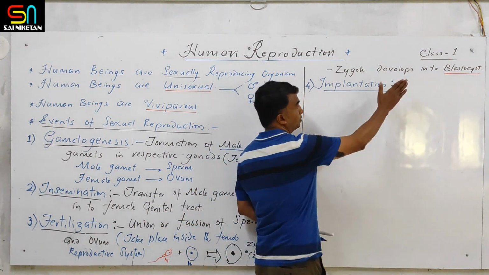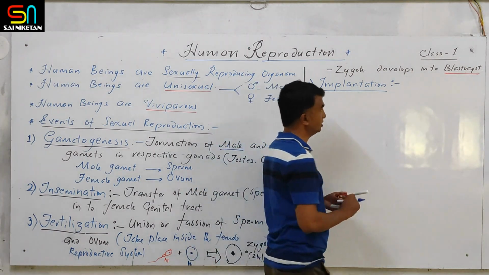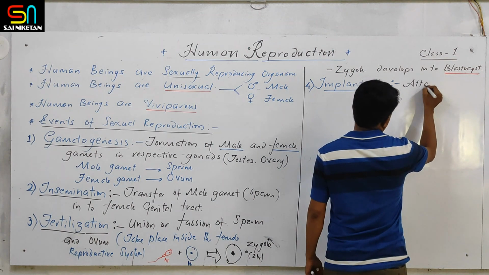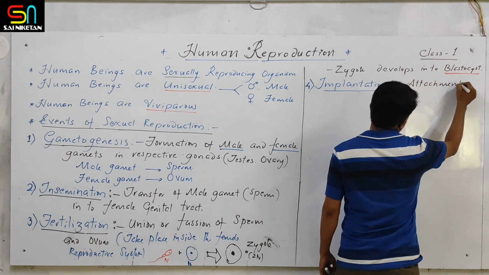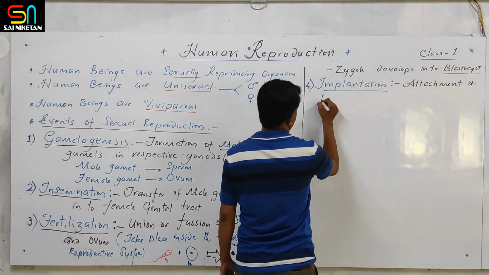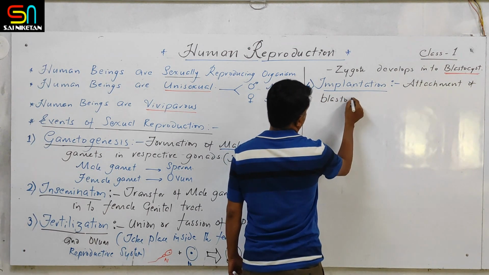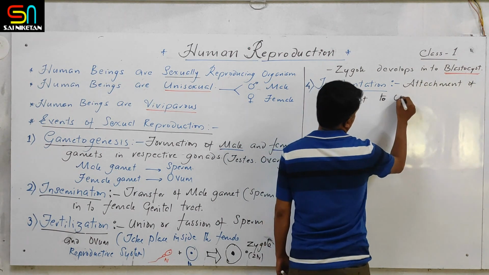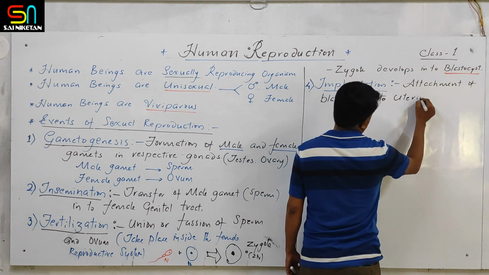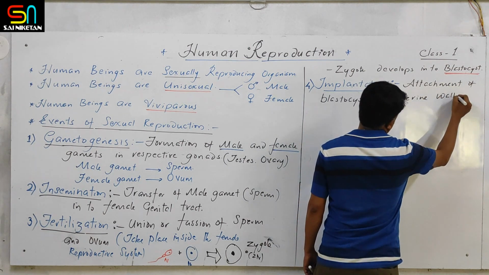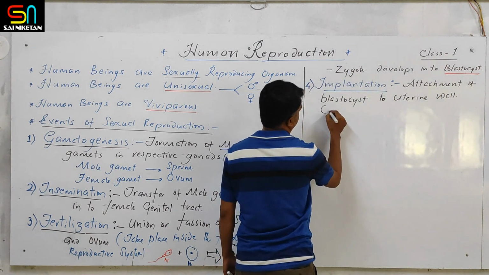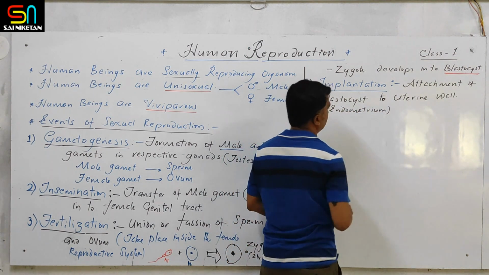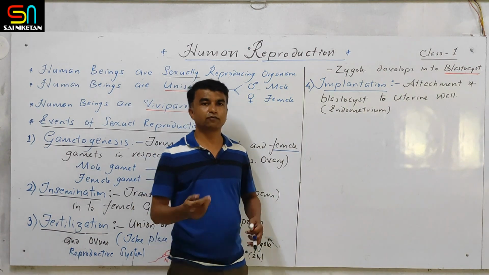That diploid zygote develops into a blastocyst. Implantation is nothing but the attachment of the blastocyst to the uterine wall, specifically in the endometrium. So later we will cover it.